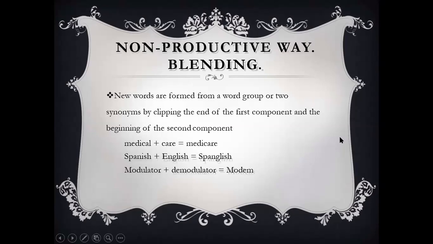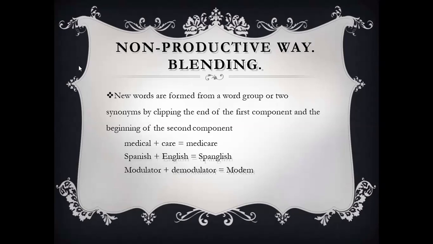That's the next one. This is about the non-productive way. So we have talked about the productive way: affixation, clipping, abbreviation, conversion, and now the non-productive way. And this is the first type, blending. This is similar to the word blender.